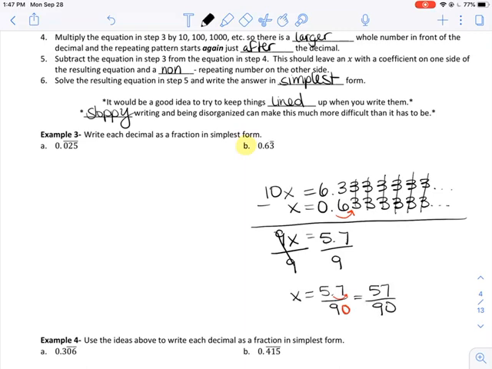So just multiply to get your decimal out of there. And I'm going to divide by 3 on top and bottom to simplify this guy because I need to. If you don't know how to tell if something's divisible by 3, I recommend just Googling it real quick. It's an easy rule. So then this one, x equals 19 30ths.